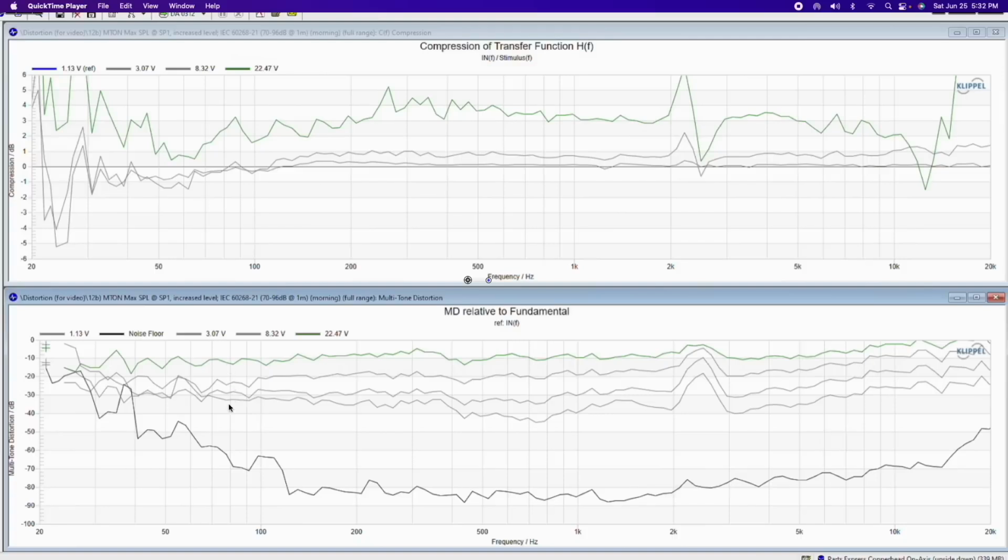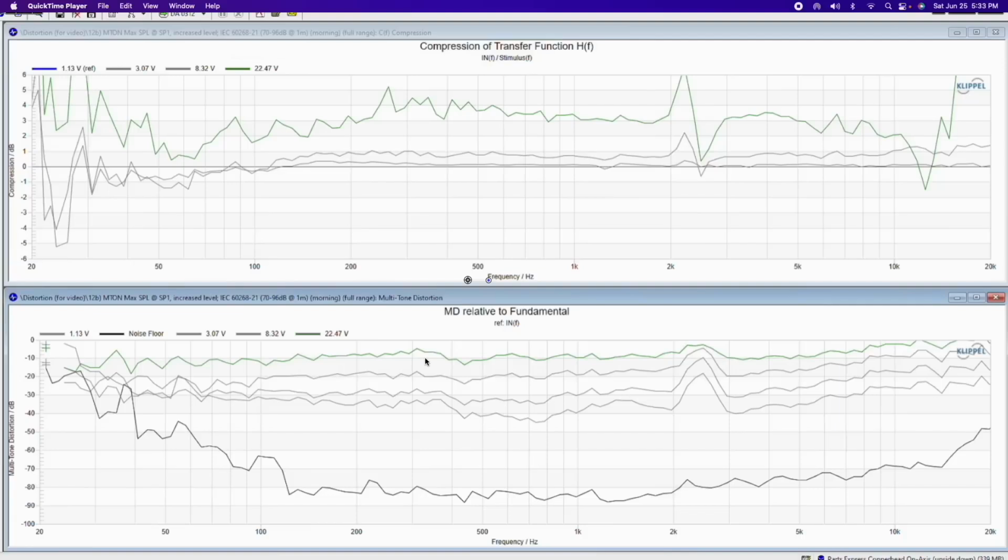The gray lines represent each voltage that has been tested, and the green line represents the last voltage that's been tested. When it gets to this final 22.47 right here, that's the last voltage tested, 22.47, so that's 96 dB output at 1 meter, and it's about negative 10 dB down in terms of distortion.